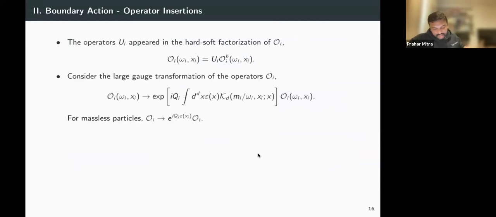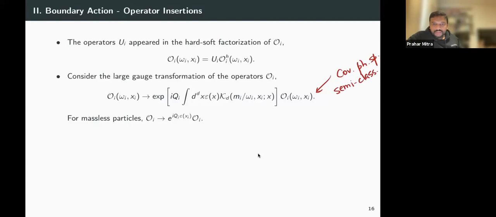So this is the large gauge transformation of this operator O_I, and this comes from covariant phase space analysis. So we know how these operators have to transform. This also comes from semi-classical analysis of the soft theorems. Something that follows from the soft theorems, you can actually show how they transform.